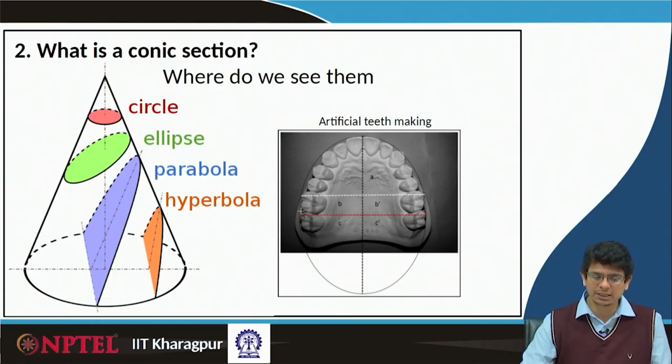Here the ellipse is shown by these dashed lines. The major axis is this longest one and the minor axis is this shortest one. At different locations normal to that major axis, teeth will be arranged.